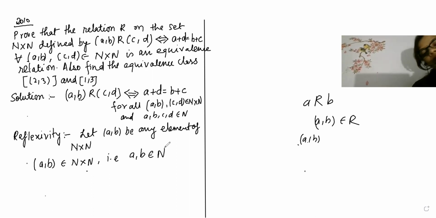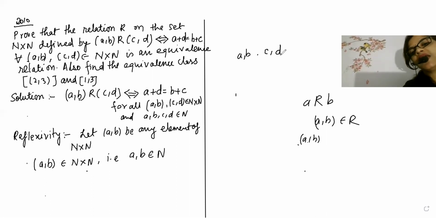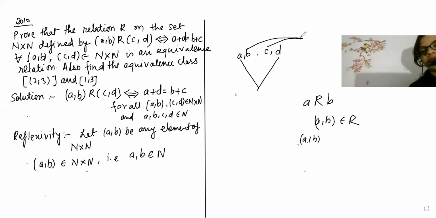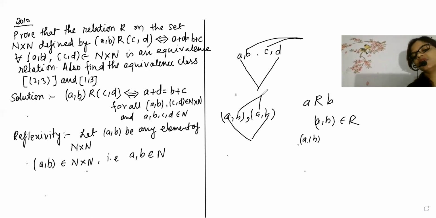Now what can we write? The relation given is for (a, b), (c, d): a with d, b with c. So here (a, a) means (a, b), (a, b) will be written two times for reflexivity.